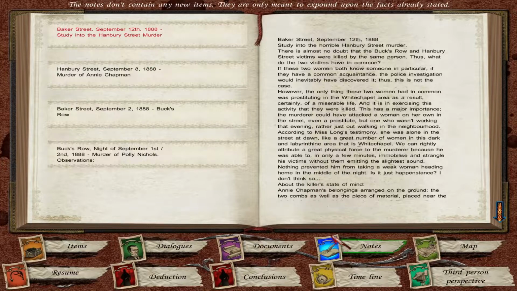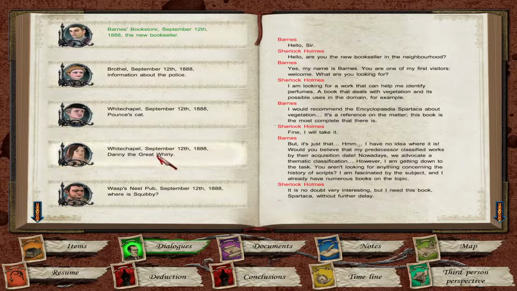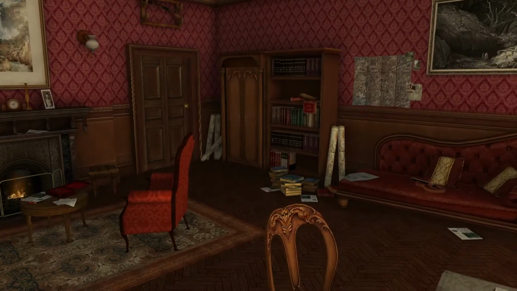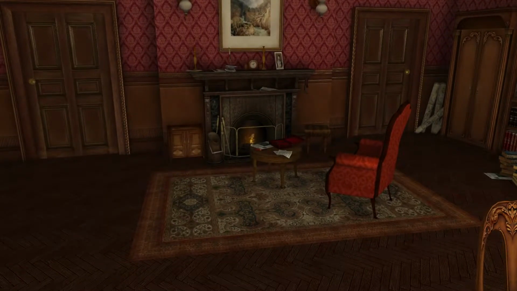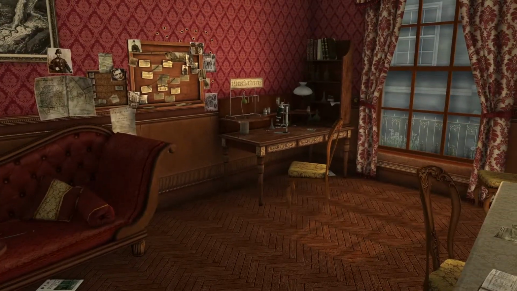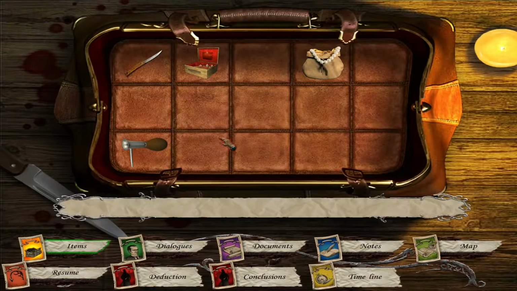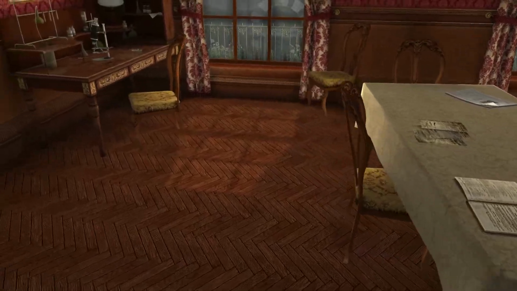Yes, we're looking for the Squibby, which probably is in the police station, and we need a diversion to get inside there. But before we can do that, we need to sort these perfumes out. So let's do that.